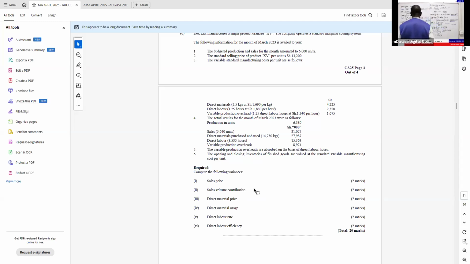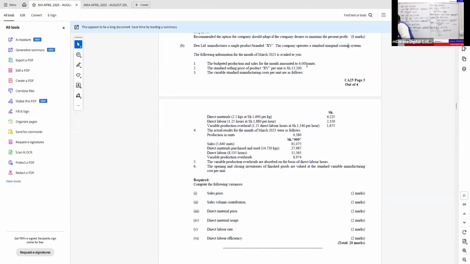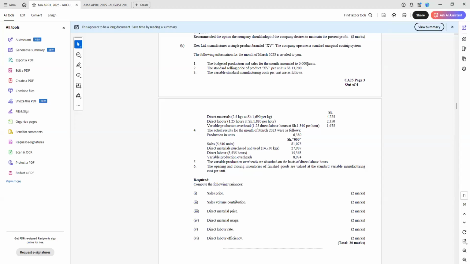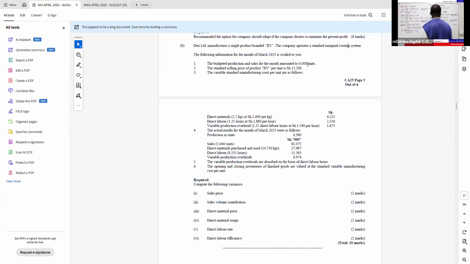We multiply by the actual units, which in this case are 63.80.